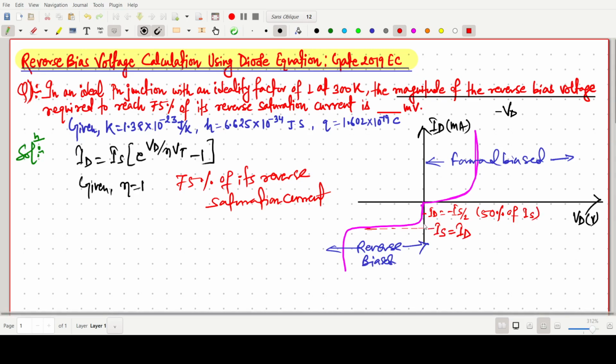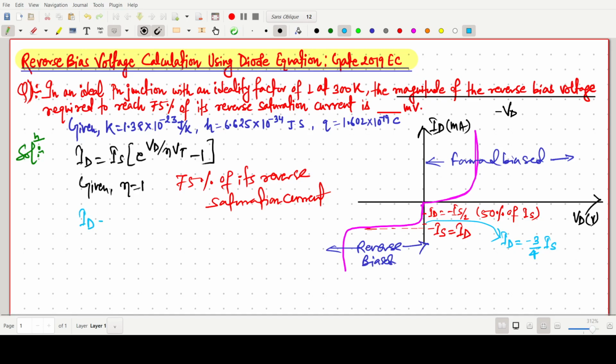Below that, this point one can write ID as minus 3 by 4 times Is. So 75% means 3 by 4 times Is, and in this case the ID value will be minus 3 by 4 of Is.